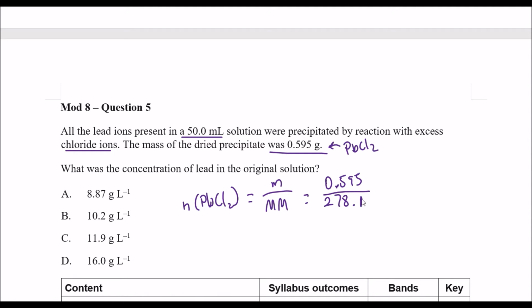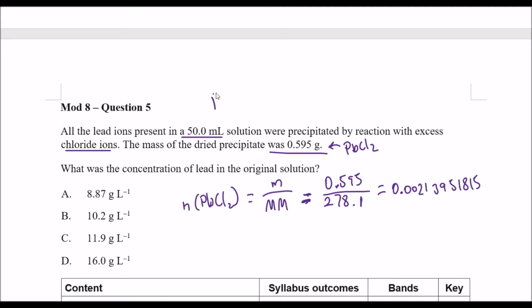I did take this straight off the internet, so in the actual exam you should use the formula sheet, and that is the number of moles of lead chloride, and that's about it.